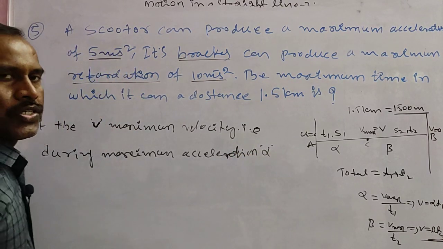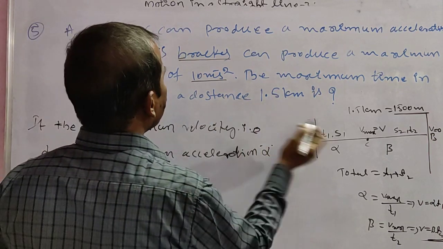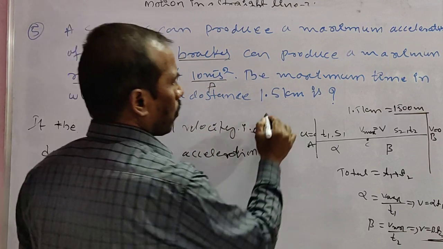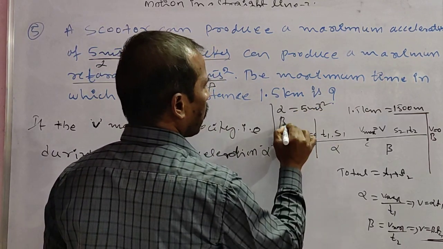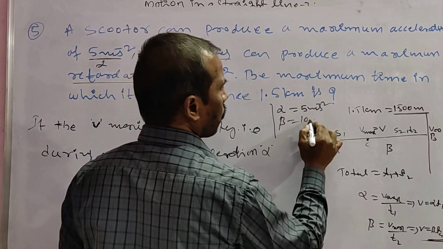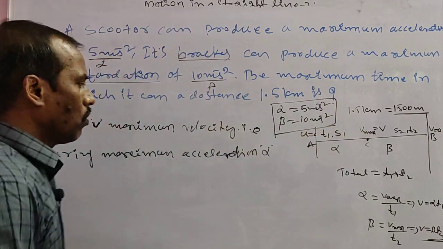So alpha, and beta means retardation. The values are alpha is equal to 5 meter per second square, and beta is equal to 10 meter per second square.